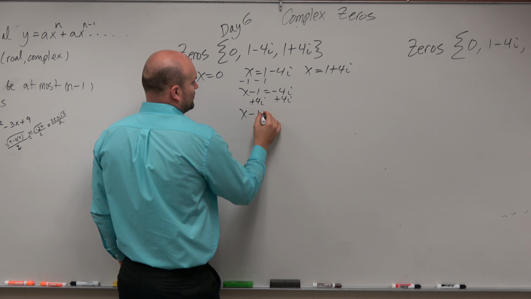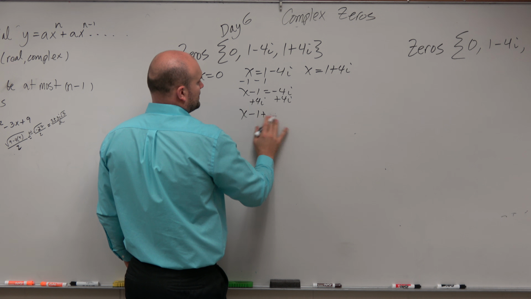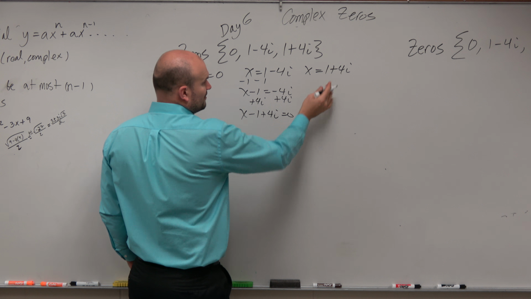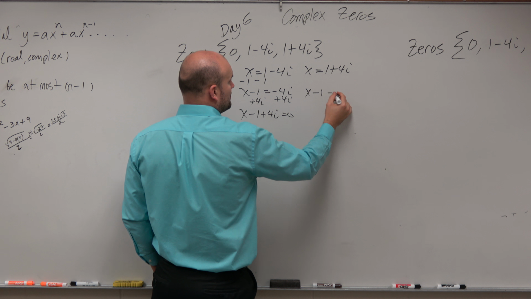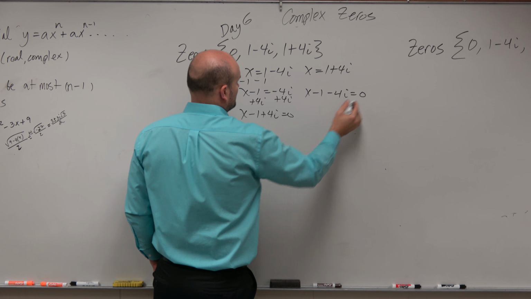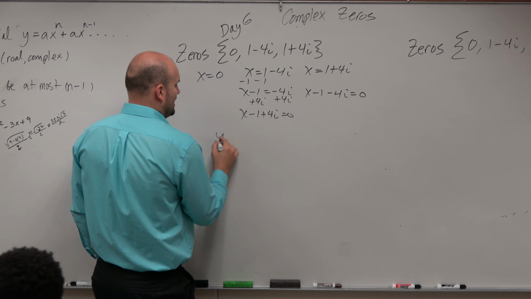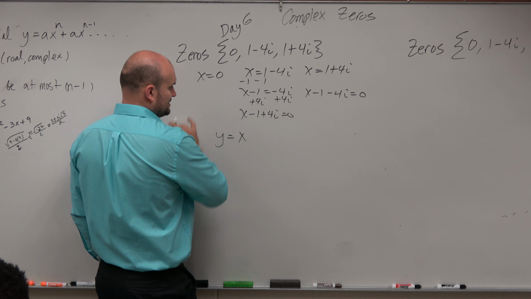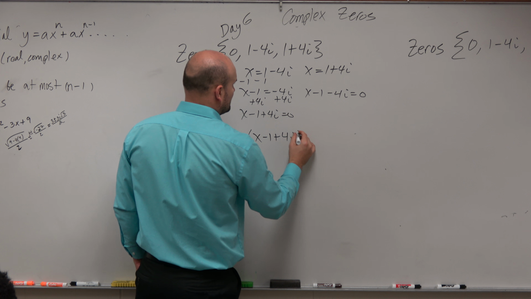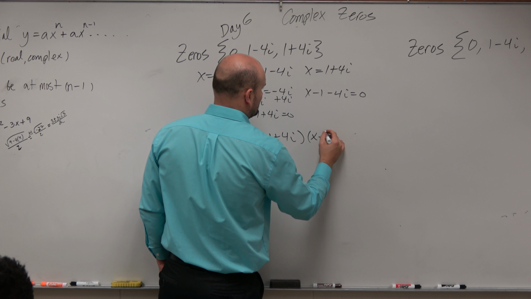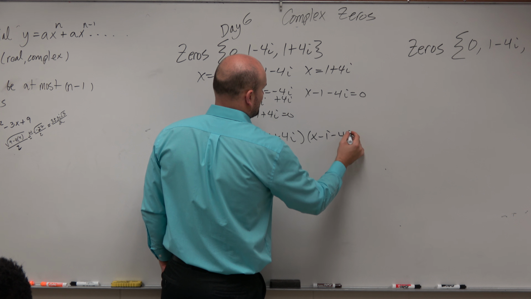So you have x minus 1 plus 4i equals 0. If I was going to do the same inverse operations over here, I'd have x minus 1 minus 4i. So therefore, I can say y equals x, because that's my 0, x, times x minus 1 plus 4i times x minus 1 minus 4i.